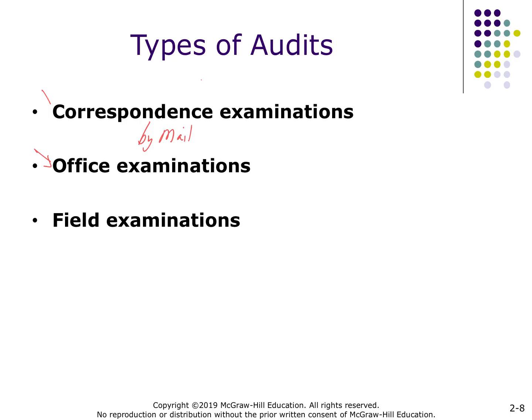An office examination is exactly what it sounds like. You go to a local IRS office. These tend to be broader in scope than your correspondence examination. Here, let me write a couple of things. You should plan on taking documents with you.